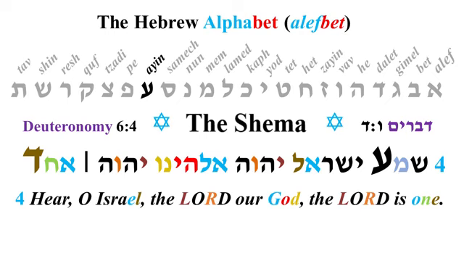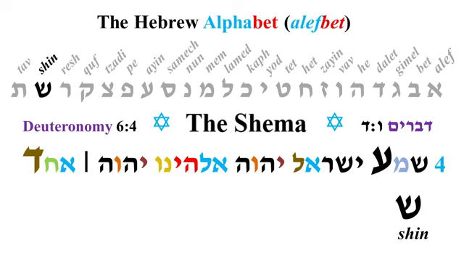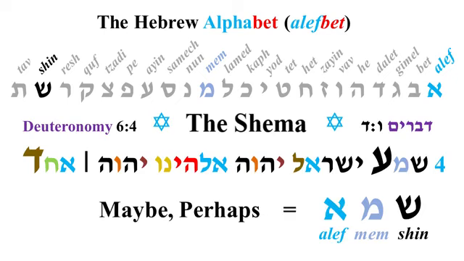Okay? And let's look at these. We can see in the first word also has an enlarged ayin. The word Shema, if you tried to spell it just by sounding it out, you have shin, and there's a mem, and you might be tempted to put an aleph there, Shema. But if you do, it becomes the word maybe or perhaps.